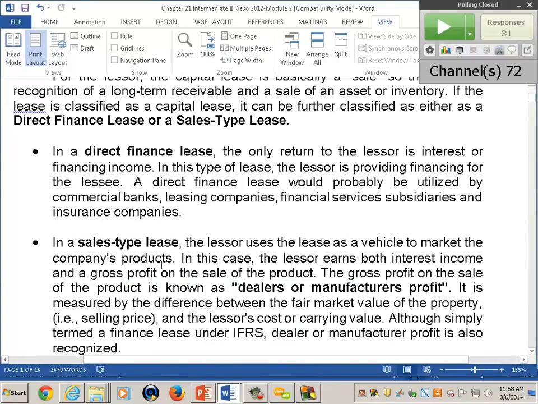And when you do have a capital lease, I need to explain that when the lessor has a capital or a finance lease, there could be two types.